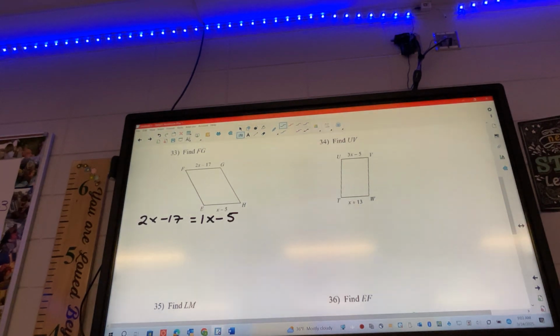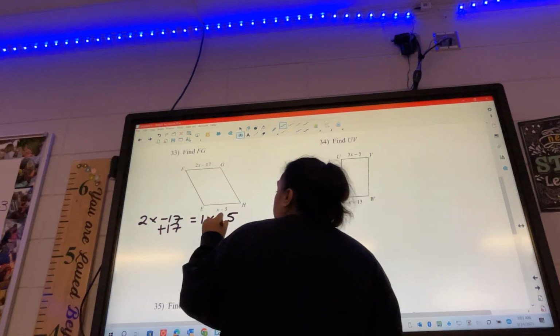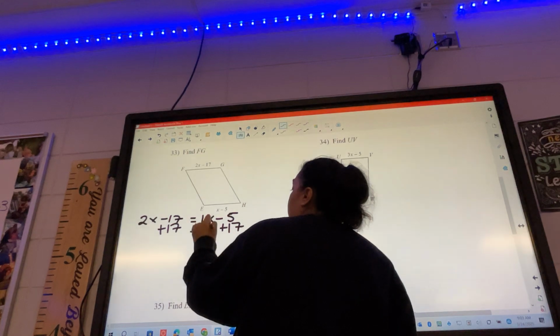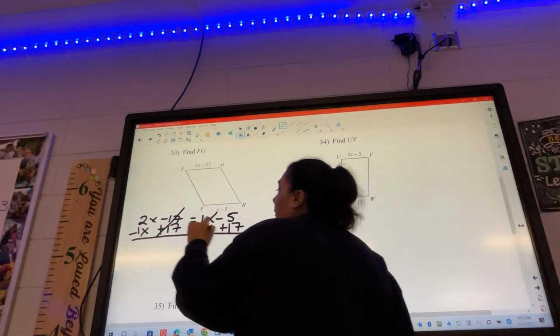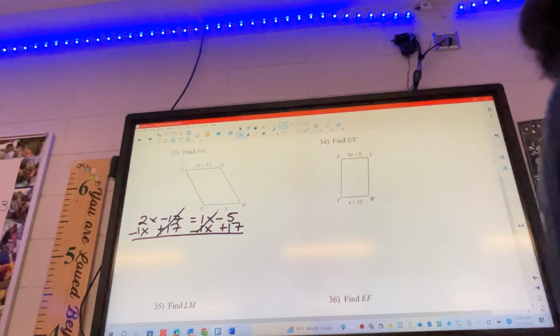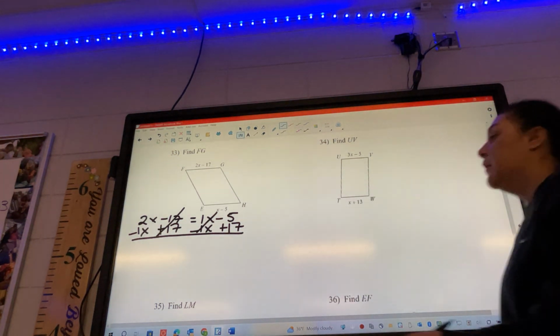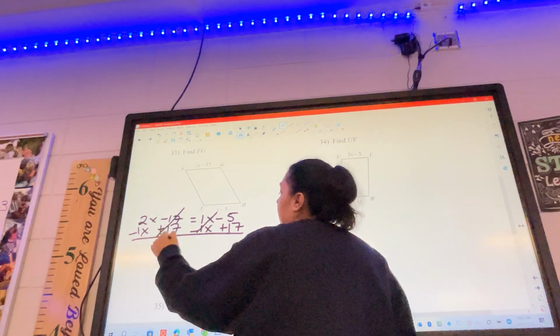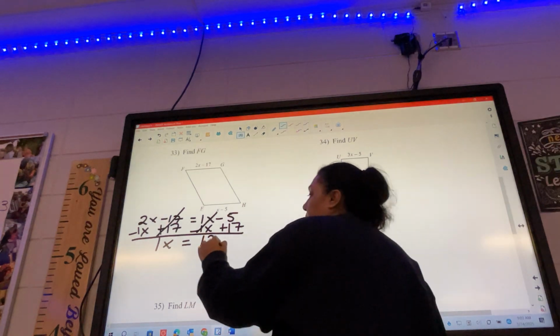Who needs moved? 17. Who else? 1x. So 2x minus 1x is 1x. Negative 5 plus 17 is 12.